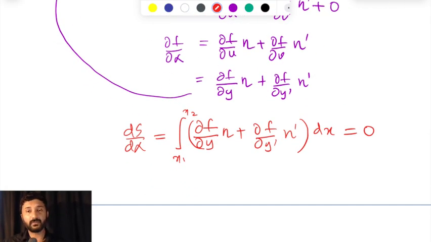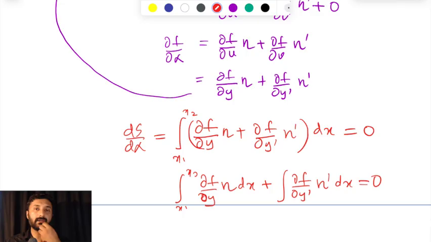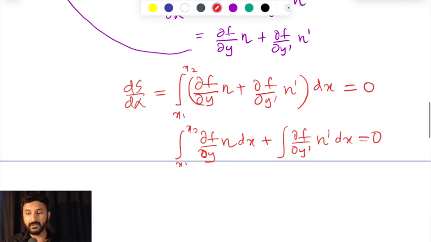Now, in order to perform this integral, first of all, we note that we can split this. We can write this as dou f by dou y eta dx plus dou f by dou y dash eta dash dx, and we can separately integrate them and then add the results and equate it to 0. Now the second integral is something that we can integrate using integration by parts.